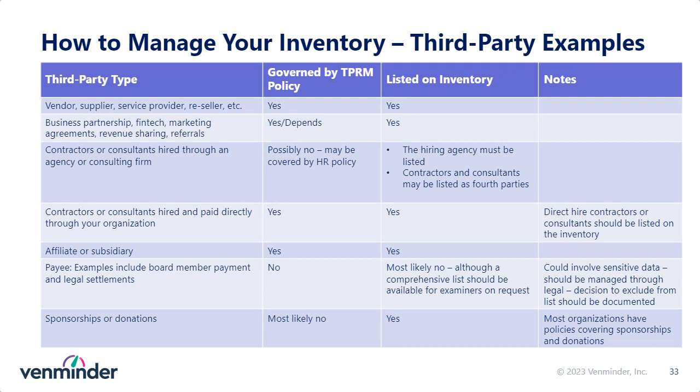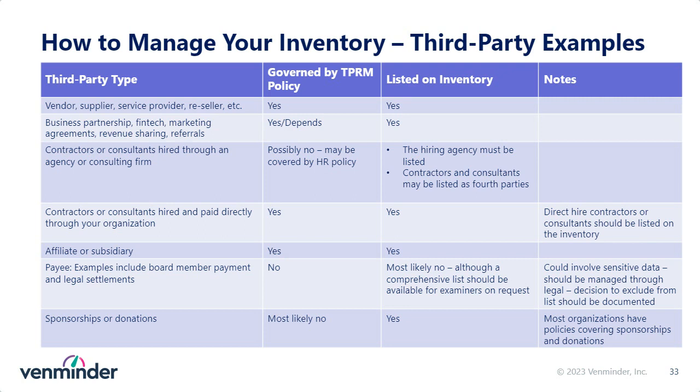So it really depends on a lot of things, like how we're utilizing them, and if we have some sort of management control over those individuals as they're performing work for us. But most likely the individuals that are actually performing the work are going to be covered under the HR policy. And if they are fourth parties, they should be listed as fourth parties to the hiring agency.